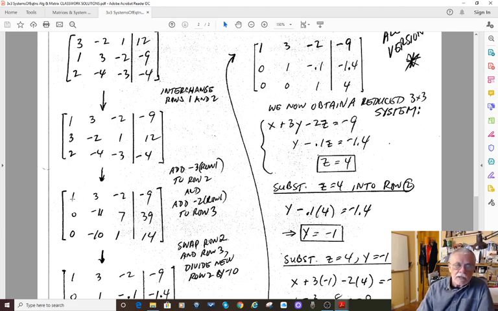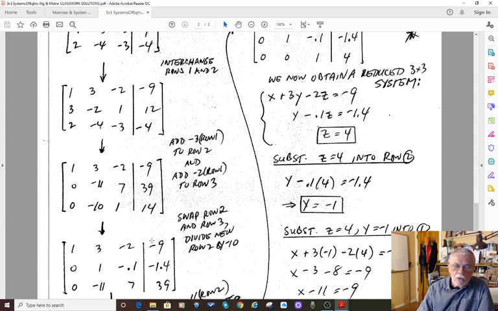Okay, so here we go. -2 times this is -2, add it to 2 is 0. -2 times 3 is -6, -6 and -4, -10. -2 times -2 is +4, add it to -3 is 1, and -2 times -9 is +18, add to -4 is 14.